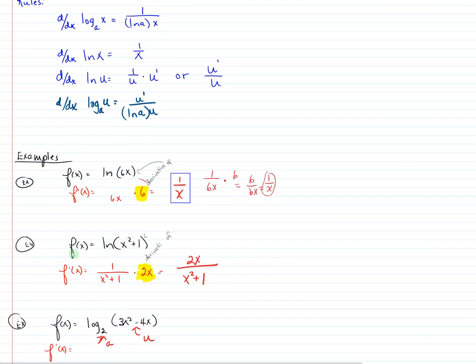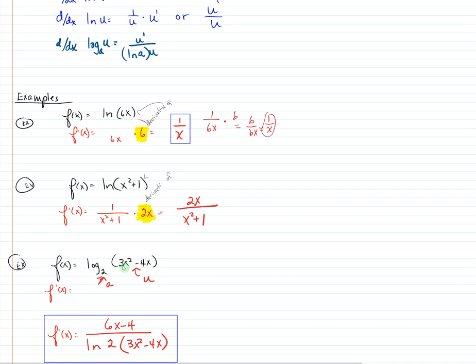Now this example, f of x is ln of x squared plus 1. That's ln of u. So what's the derivative of this? It's 2x over the original.